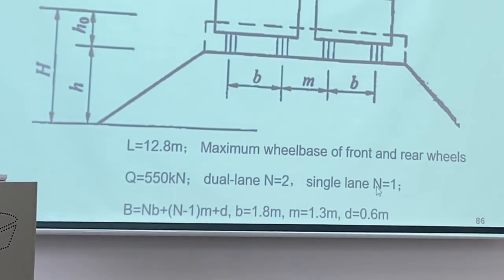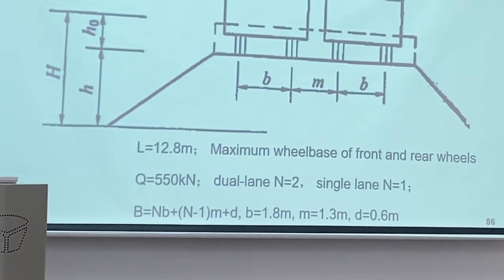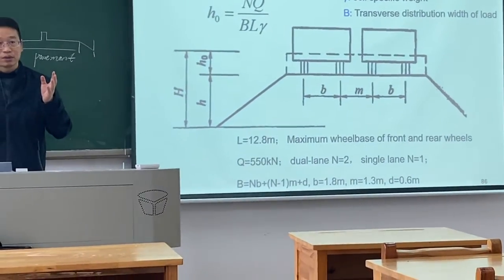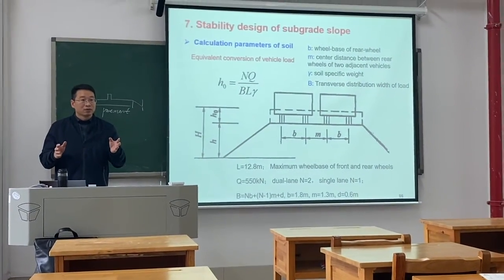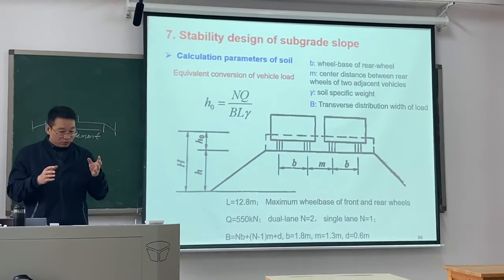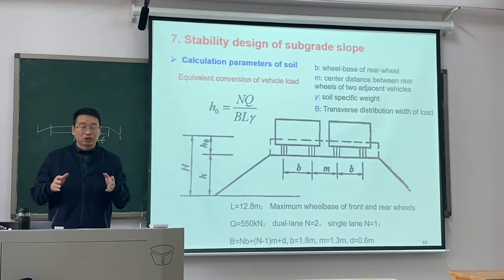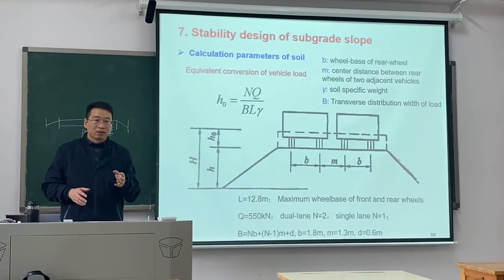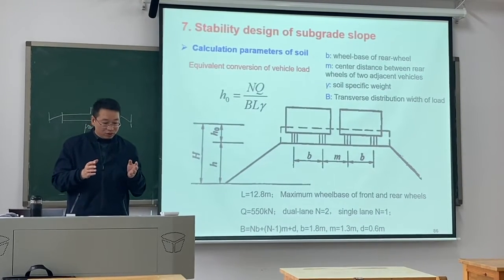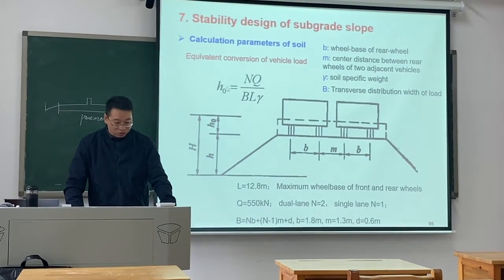So for two dual lanes, N is 2. But for three lanes, N is 3. We can, according to the actual conditions, determine the equivalent conversion H0.